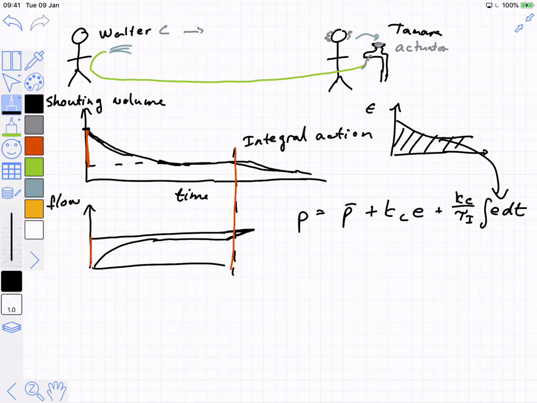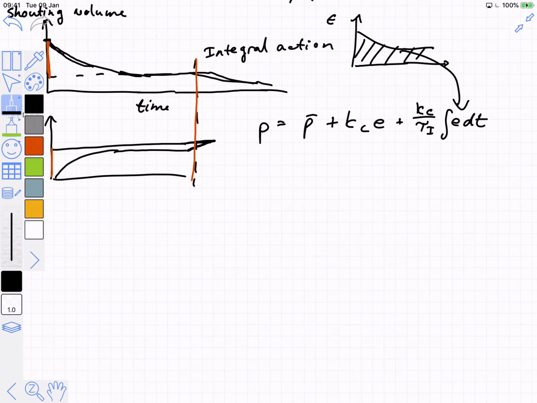And one way of thinking about tau I is that tau I is the amount of time that it takes for the proportional action and the integral action to have the same magnitude. So if I've given a unity error, so if the error is 1, and this is where these open loop curves come in, if I set E equal to 1, remember I'm just doing a step response, so it's not in the closed loop, I'll see this characteristic curve, right?